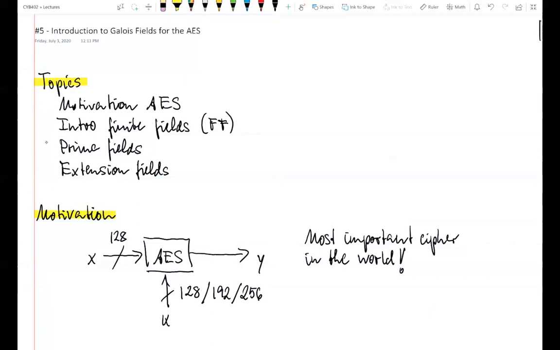So we are diving a little bit into field theory, just about enough to understand how the mechanics of AES work. Okay, not more. So we are not going to provide any proofs. This is 1 lecture about a topic that you can have a whole semester on, and we are not going to use any more time on that. It is enough for our purposes.